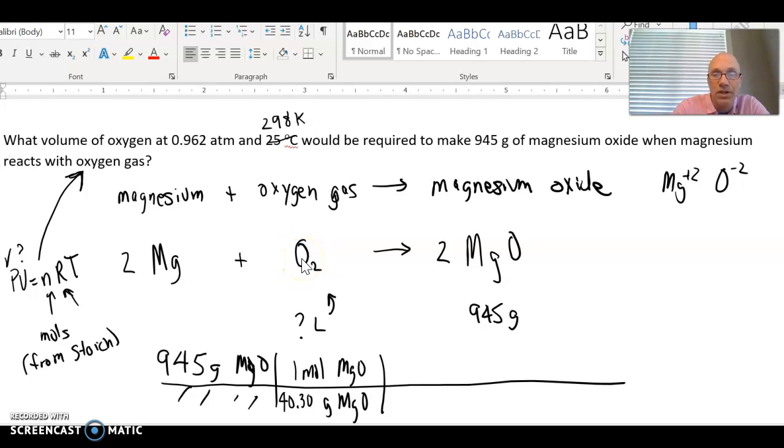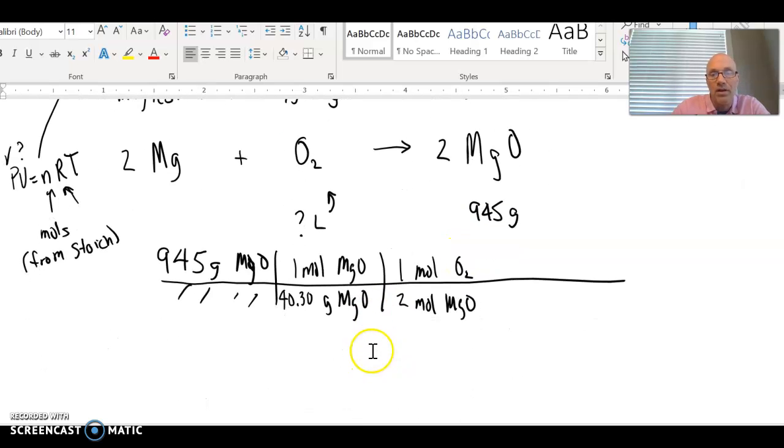For every 2 moles of MgO, that should require 1 mole of oxygen, and that just comes from the mole ratio in the balanced equation. If we solve this particular crossbar right here, we can now figure out the number of moles of oxygen.